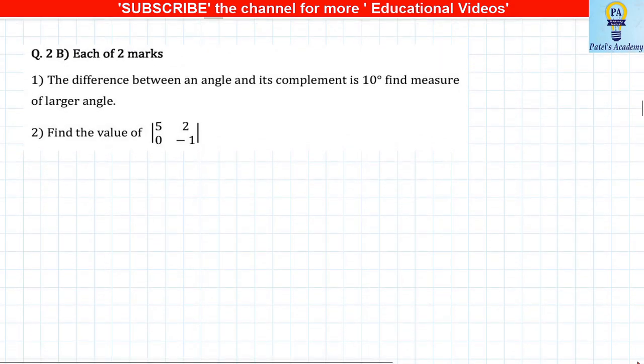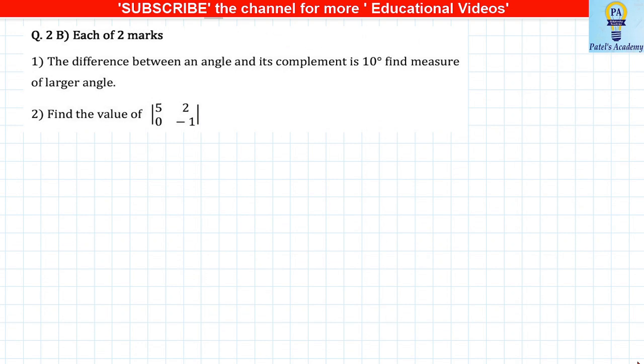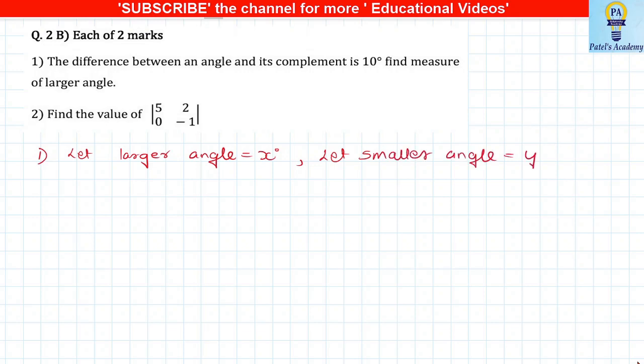Now question number 2b. Okay, now these are going to be for 2 marks each. Let's see the first one. The difference between an angle and its complement is 10. Find the measure of larger angle. Okay, so let larger angle equal to x degree, let smaller angle equal to y degree.